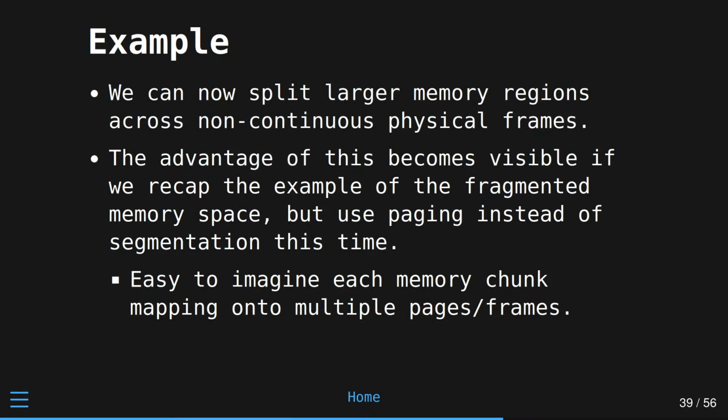So now, I take my larger memory regions, and I say it is a sequence of pages, and the pages need not be contiguous. They need not have continuous addresses, perhaps. We can show how this becomes useful by looking at the previously fragmented memory space.